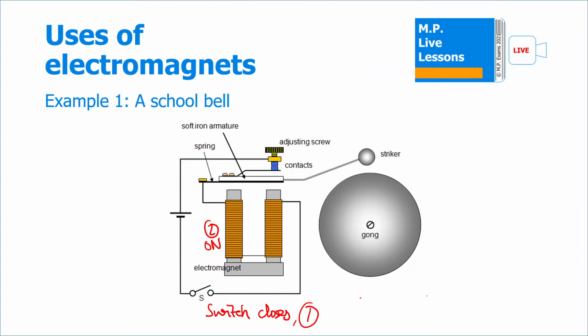Now this causes the contacts to go back. This soft iron armature gets attracted backwards. That causes this little arm to go back and strike the gong.